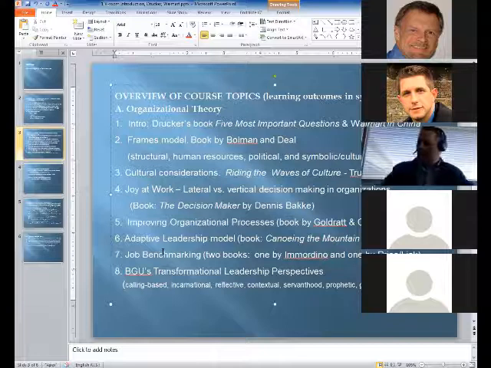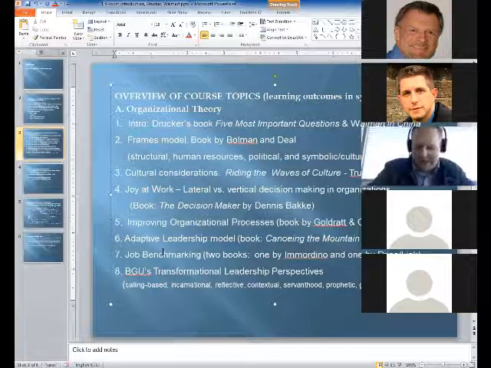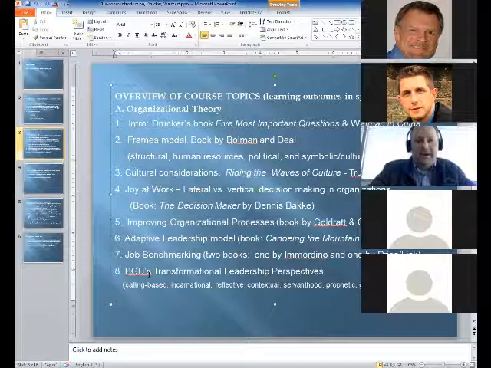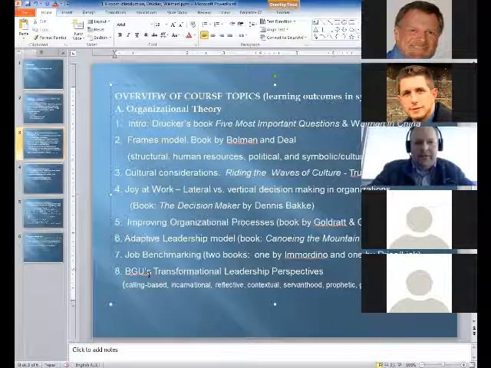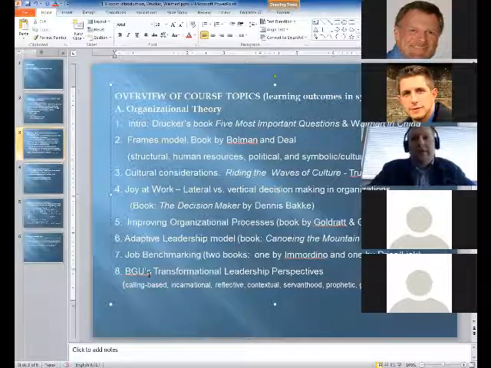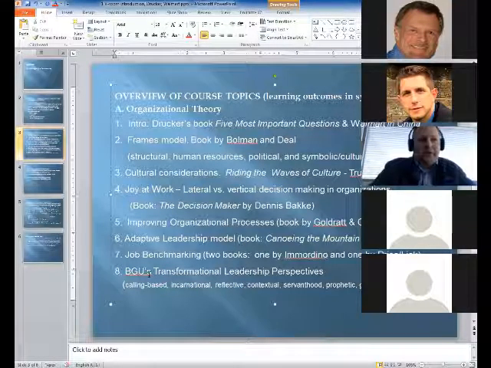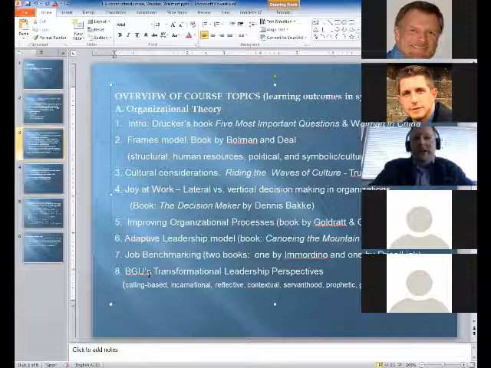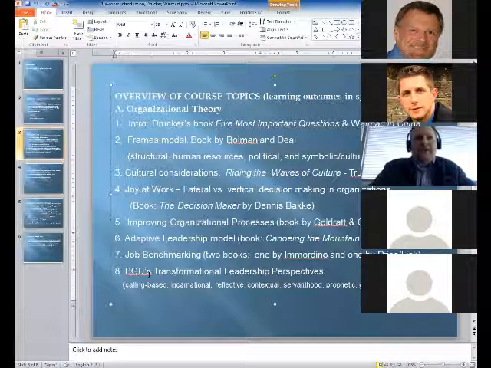So what the Complete Leader does is it looks at 25 different leadership competencies and then helps you understand different assessments that are available for you to benchmark the job. And when we say job benchmarking, what we're saying is if the job could talk, what kind of person or what skill set would be necessary for the person to be successful in the job.